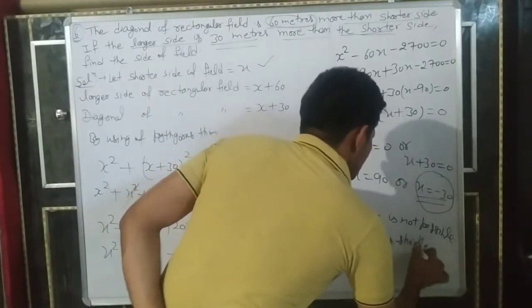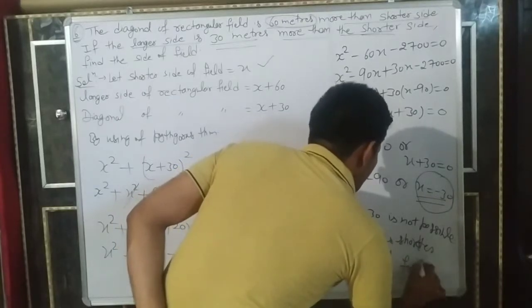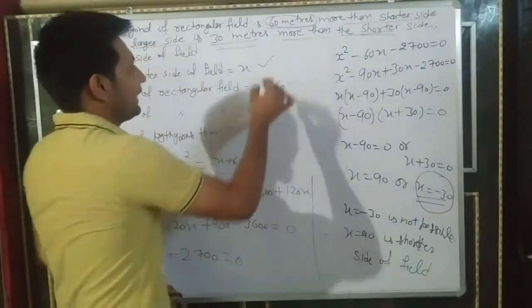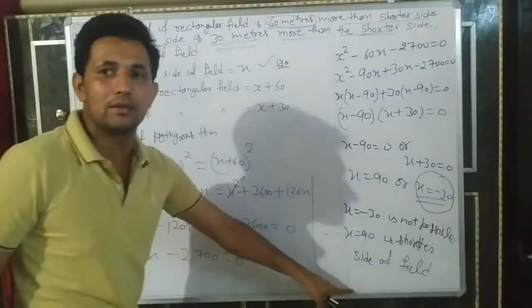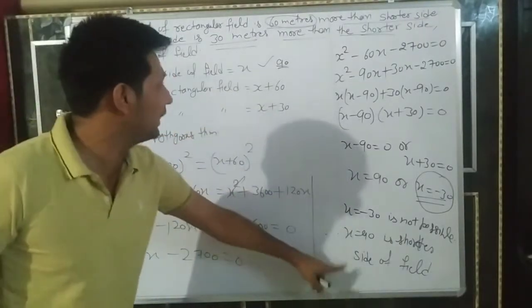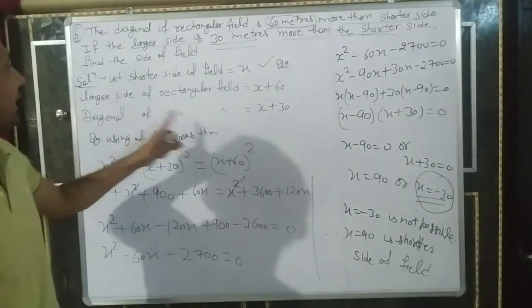Shorter side of the field is 90. x equals 90. What is the diagonal? You will write on the left, and in the next line, longer side of the rectangle field. x is 90 plus 60, and you will write diagonal.